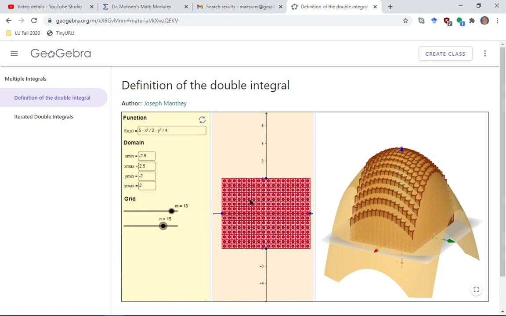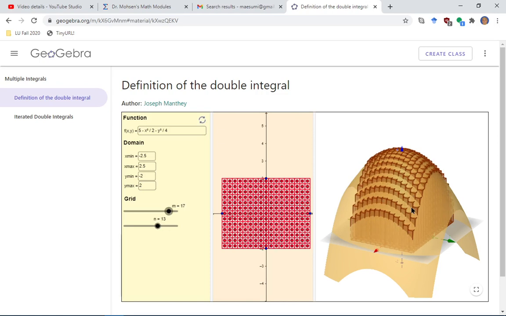So when we have a lot of grid points, our cells are packed next to each other and the approximation gets better. We have lots of little contributions, and when you let the number of grid points go to infinity in the x and y directions, then you reproduce the exact volume at the limiting value.